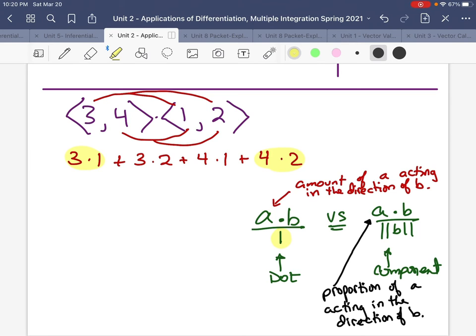So it's a proportion of A acting in the direction of B when we're talking about the component. But when we're talking about the dot, we can also look at that as the proportion of A acting in the direction of B if B was a unit vector. So the component allows for B to not necessarily be a unit vector. So you can look at the component form as a special case of the dot product or vice versa.